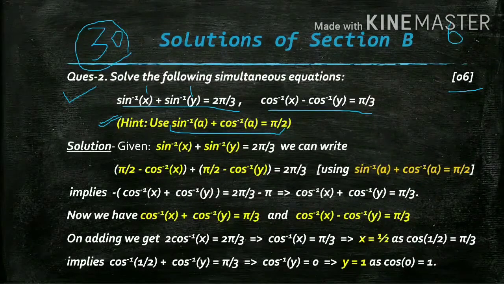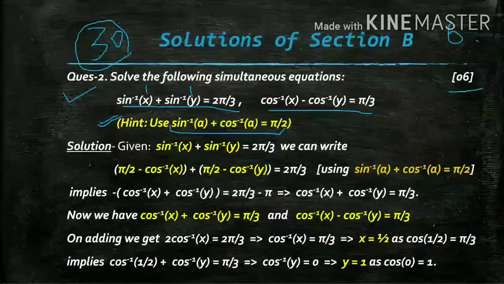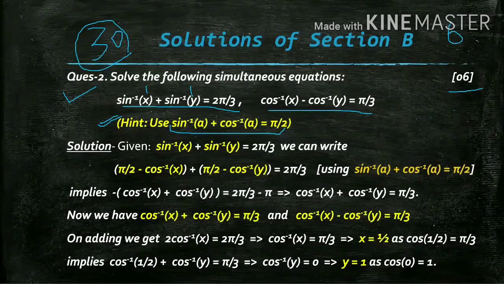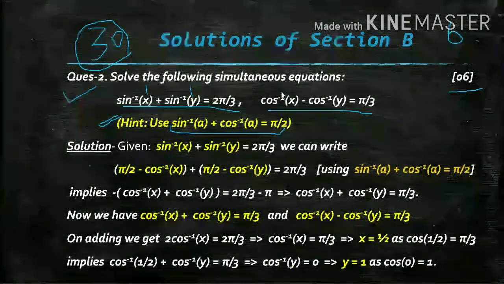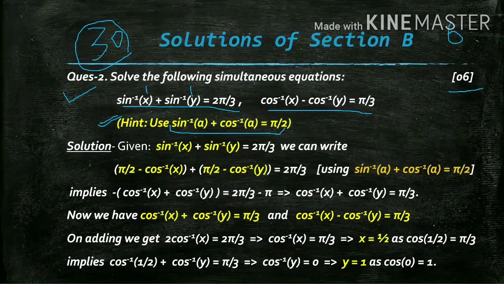Okay. Now you have to use this hint to solve this equation. This is very basic and easy to do. So firstly, what we will do, we will convert the equations into the same form. Either the whole equation will be cos inverse, or the whole equation will be sine inverse. You can do anything. Either you convert this equation into sine inverse using this identity, or you convert the other.